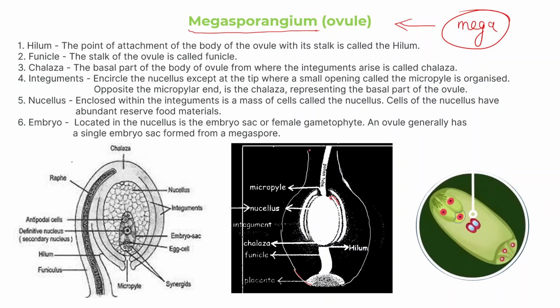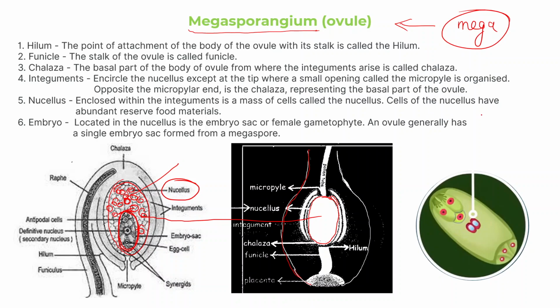For example, this is my ovary, and inside this circular structure is a mass of cells. This mass of cells is called nucellus. There are lots of cells in this nucellus, and one of the cells will form the ovule.